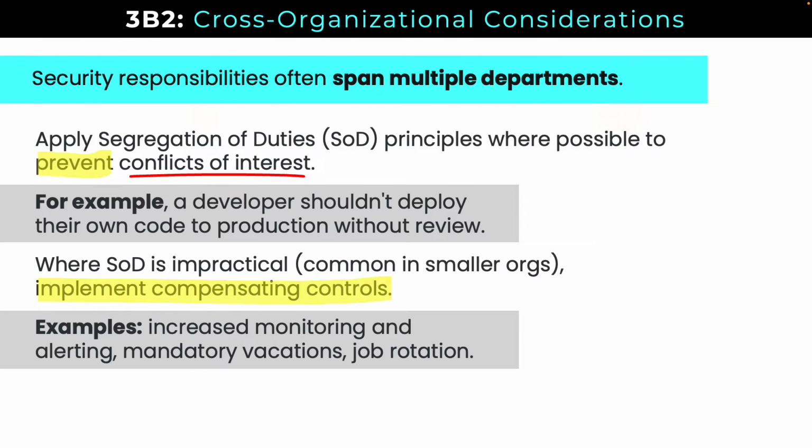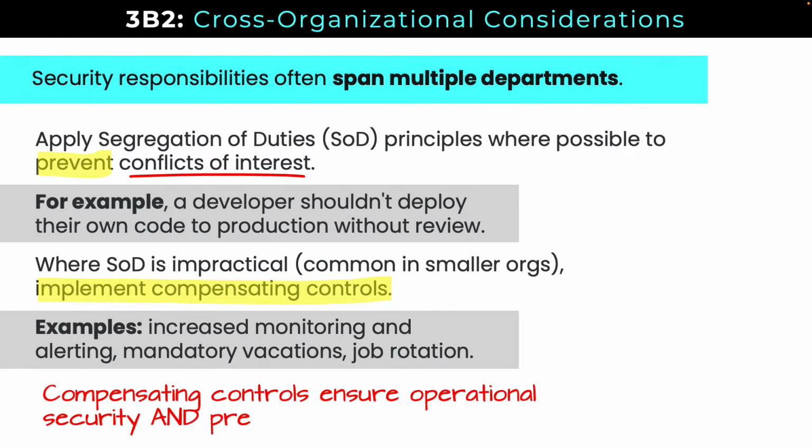So when one person turns on their admin privileges, everybody else in IT gets an email notification. Built-in oversight. But compensating controls ensure operational security and they prevent audit failures. Because even though we have those limitations in a smaller organization, the audit function, especially in an external audit, they're going to expect that we've done something to close the gap.